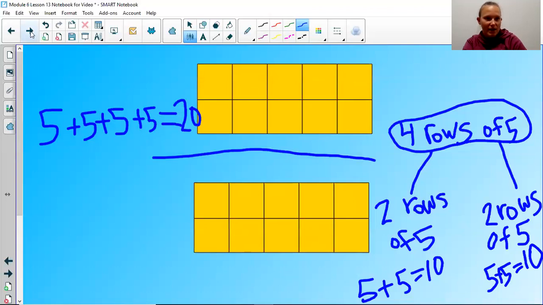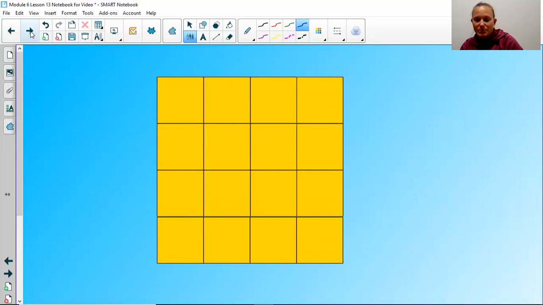So now let's look at this next set of square tiles. We're going to decompose this by taking away rows and columns. So we can see here that we have 4 rows with 4 square tiles in each row.